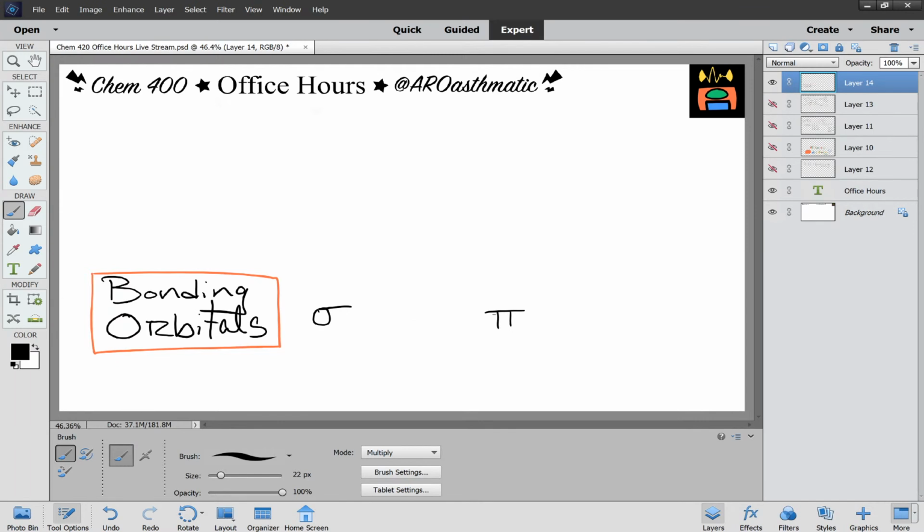Again, we didn't talk about MO theory this semester. Normally I do, but we didn't have time to get to it. Turns out every time a bonding orbital is made, you also make something called an antibonding orbital.